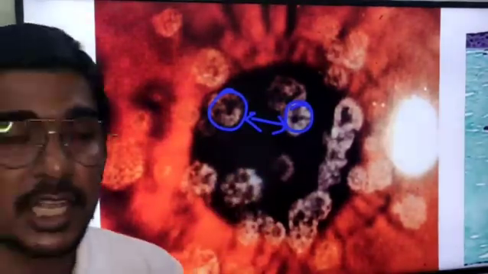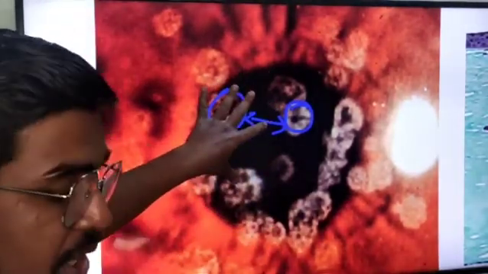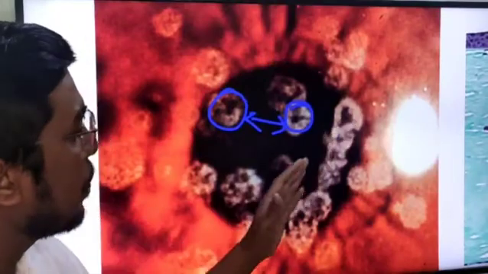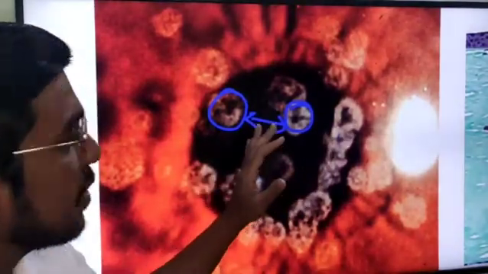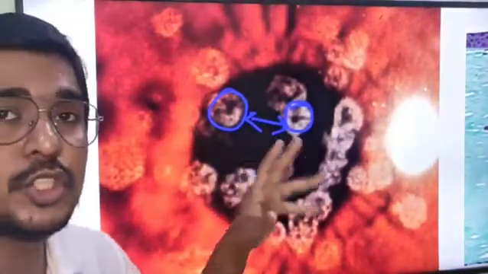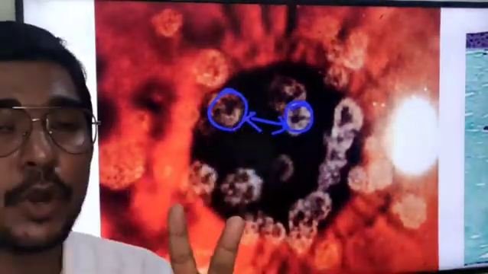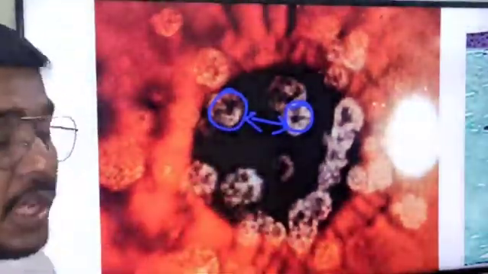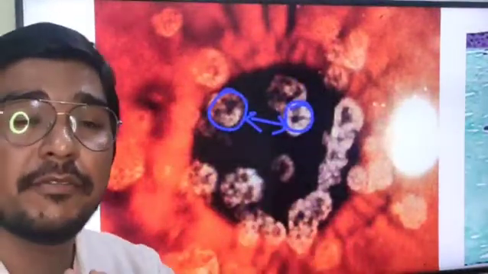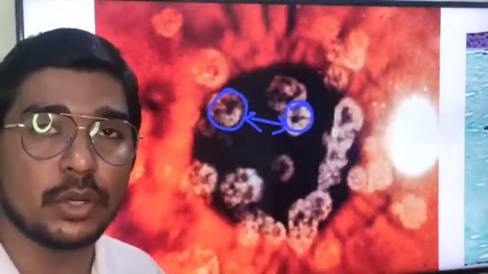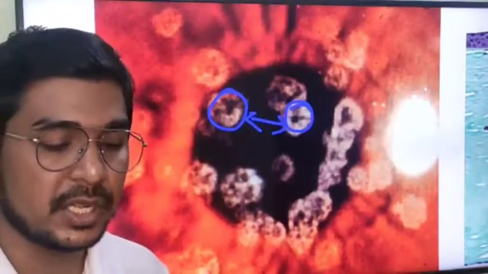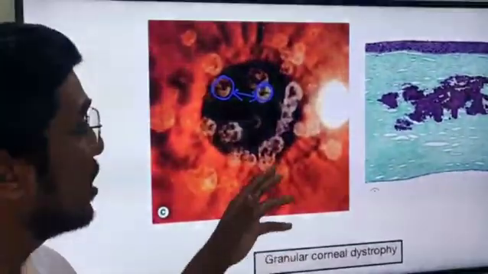That's what I was telling you: in granular dystrophy there are discrete opacities with an intervening clear zone, which is not present in macular. This is important. The second important characteristic is that it does not involve the limbus at all. Every time you will see the clear limbal zone. This is the characteristic, so you may be asked about this clear limbal zone.